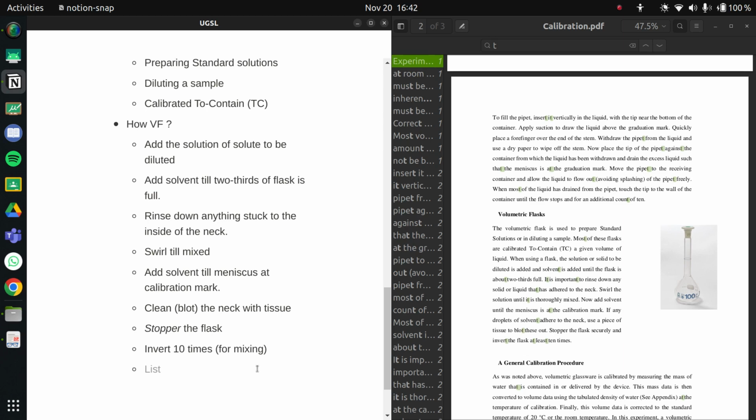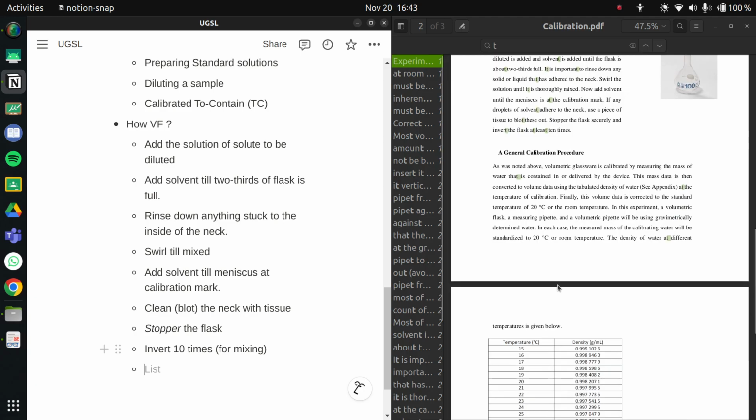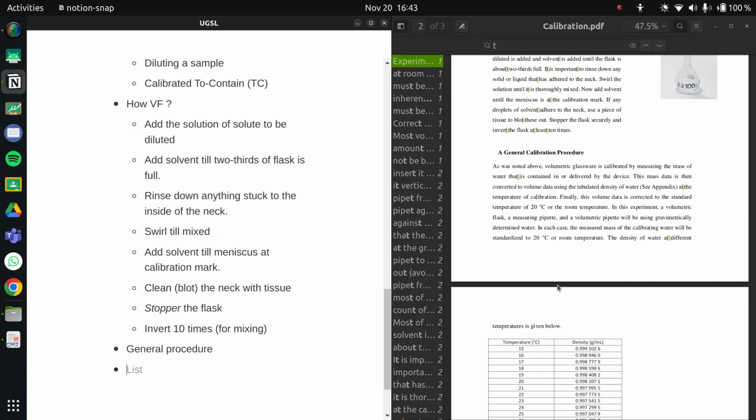Next, a general calibration procedure. General procedure. So first, volumetric glassware is calibrated by measuring the mass of the water that is contained in or delivered by the device. This mass data is then converted.